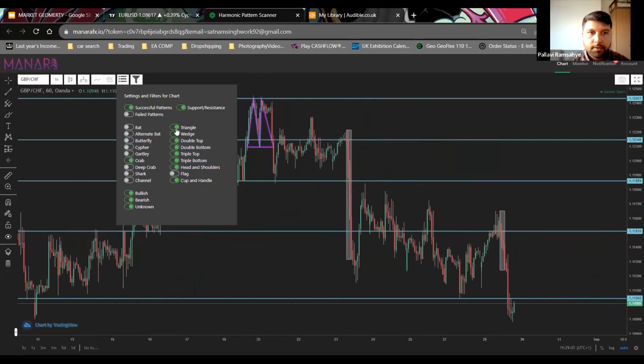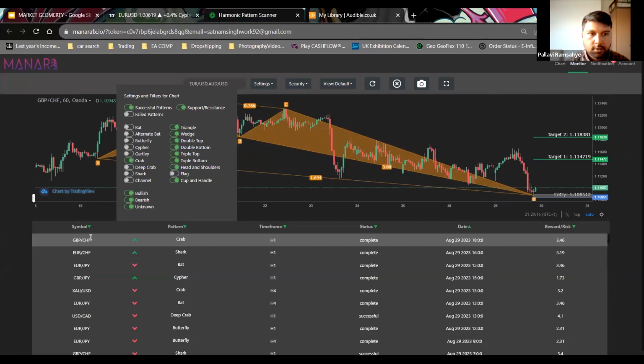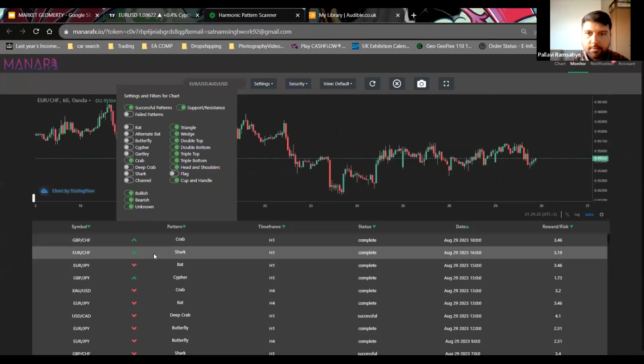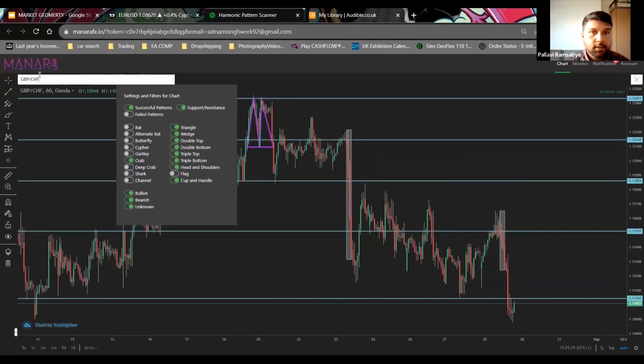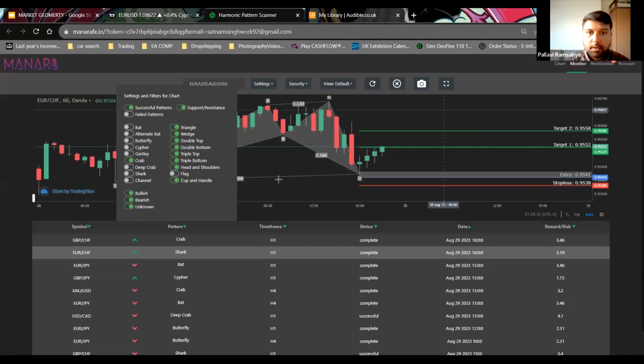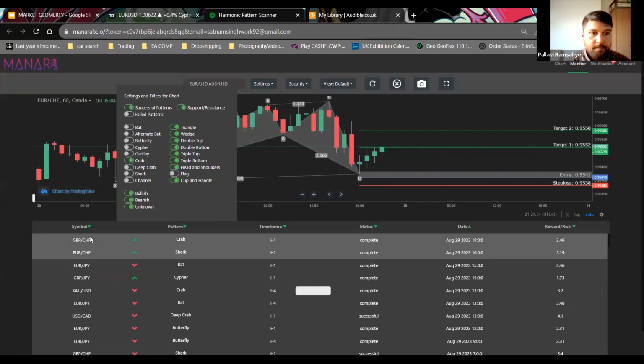Okay, let's see. Is that the correct GBP CHF? Bullish crab, 1 hour. Let's choose a different one. Let's just go to the chart, it'll be easier.